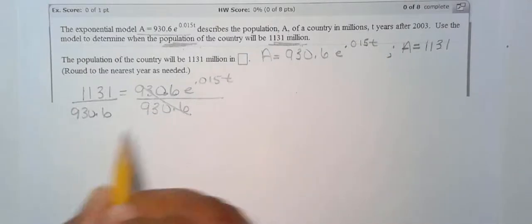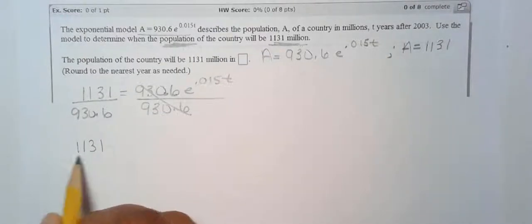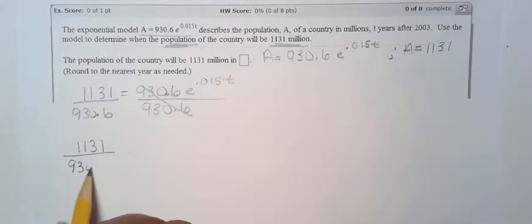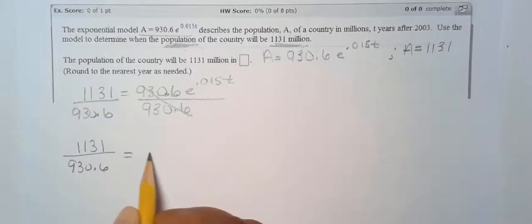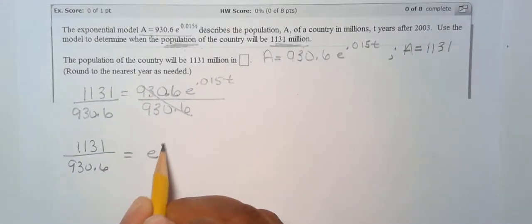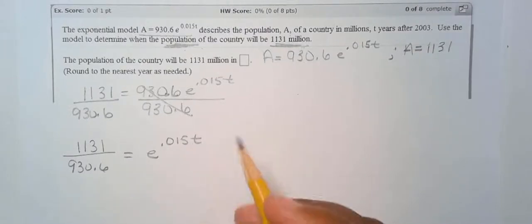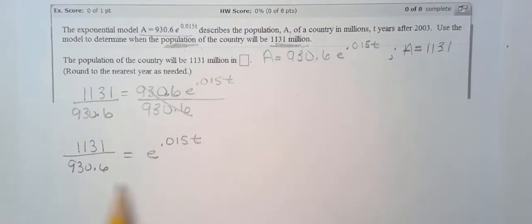Then we have 1131 over 930.6 equals e raised to the 0.015t.